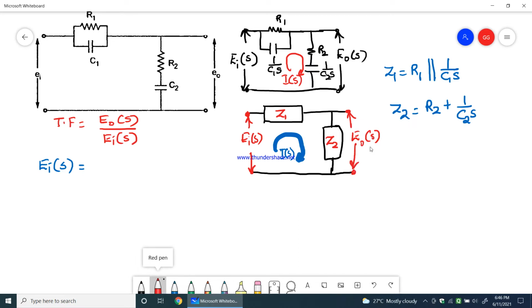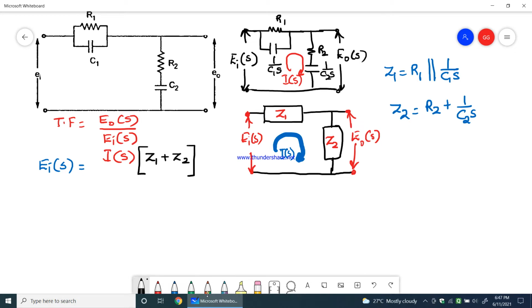this is open. There is no current here. So I of S is the current flowing through both Z1 and Z2. Therefore, the total voltage E in of S would be equal to the total current I of S multiplied by the total impedance, which is Z1 plus Z2.